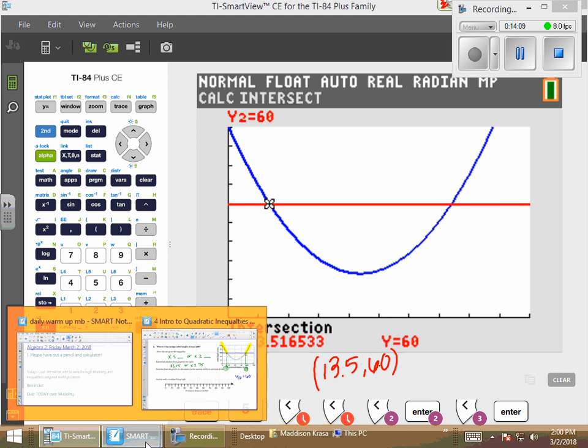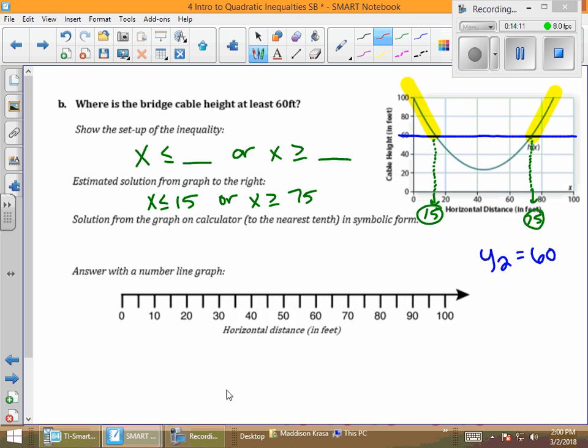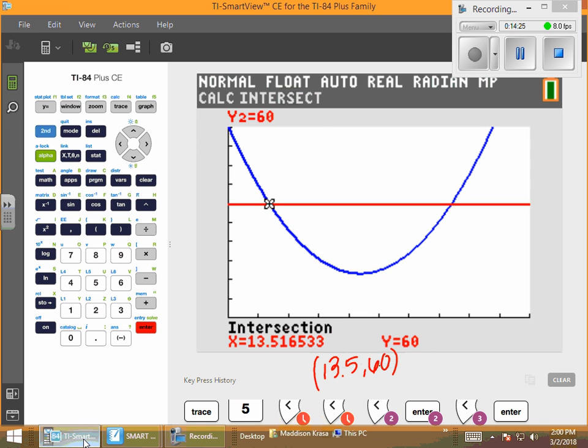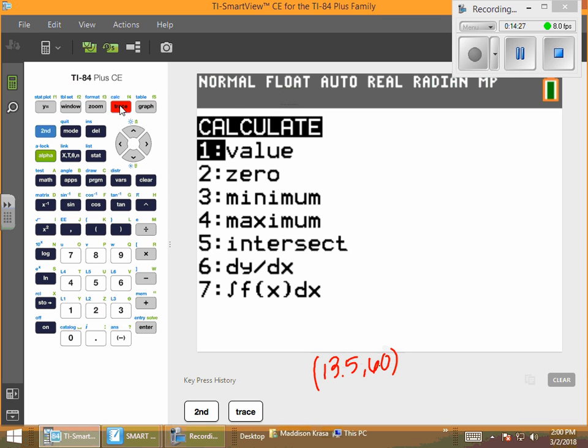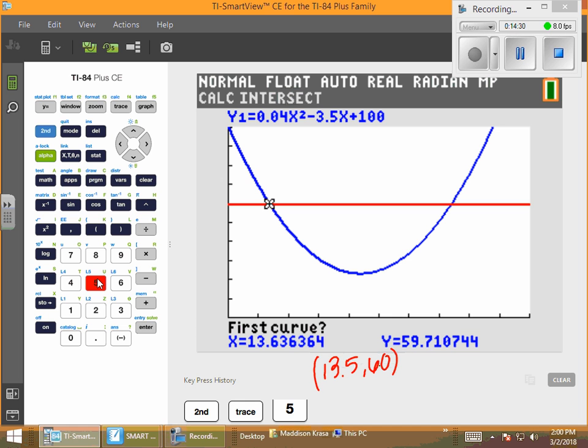So we have x is less than or equal to 13.5. So we guessed 15, we were a little off. Okay, and then we'll have or, and then we're going to do our second intersection. So second trace, number 5, and we're scrolling all the way over.